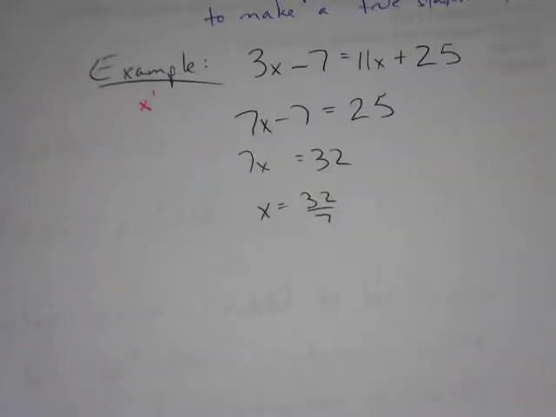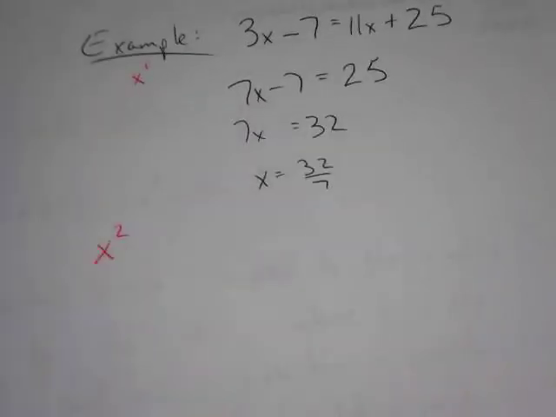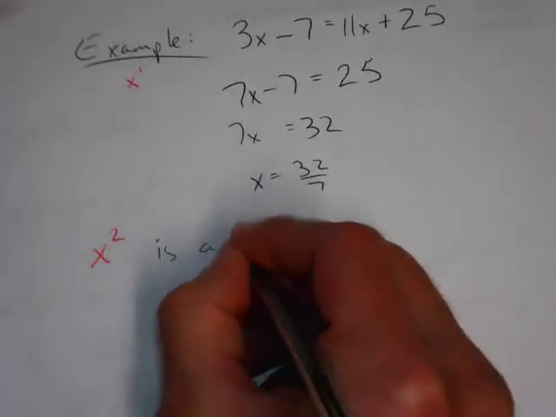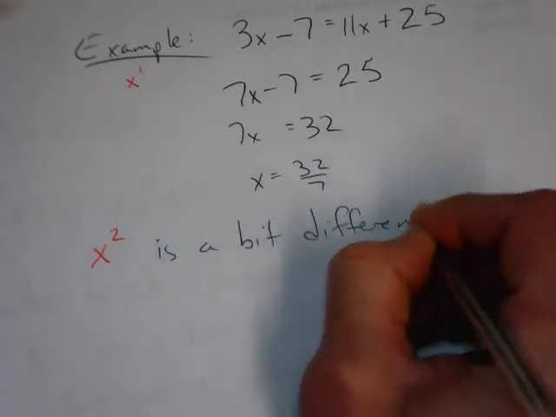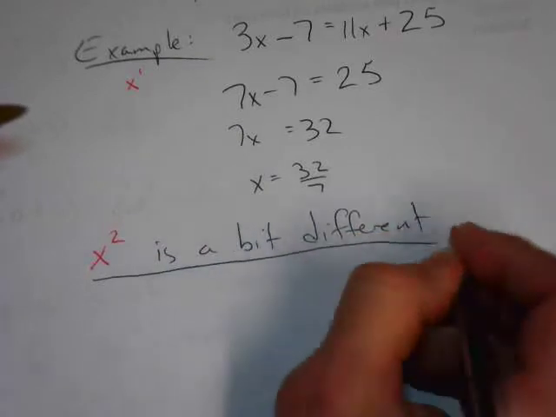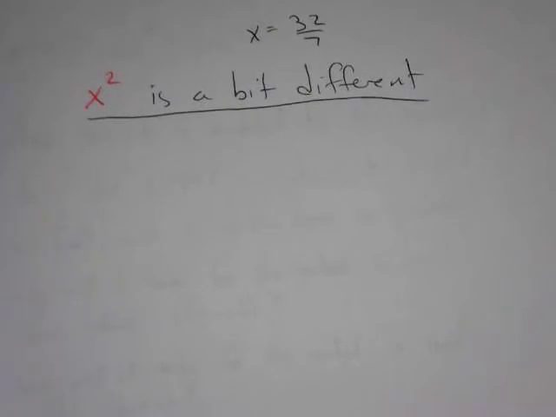But now what happens when we have something with x to the second power? We have to have a whole other thing. X to the second power is a bit different, and we have to know how. Whenever we have anything with x to the second power, which is everything we've been dealing with in polynomial equations, it's a bit different.